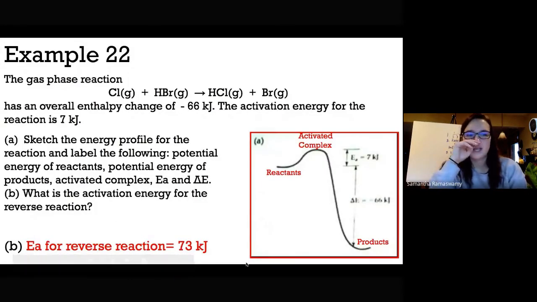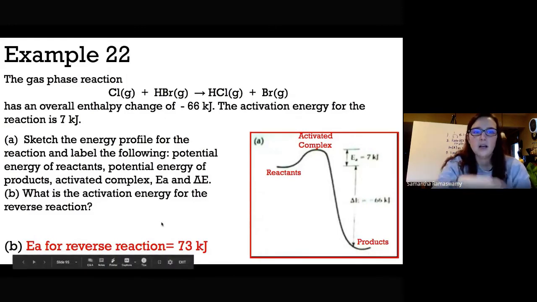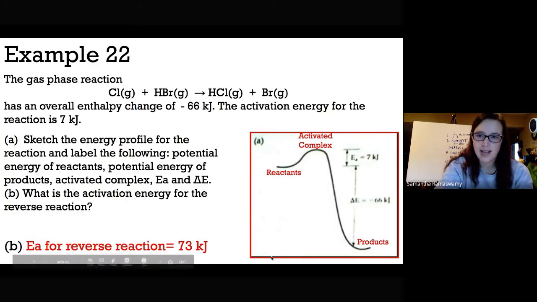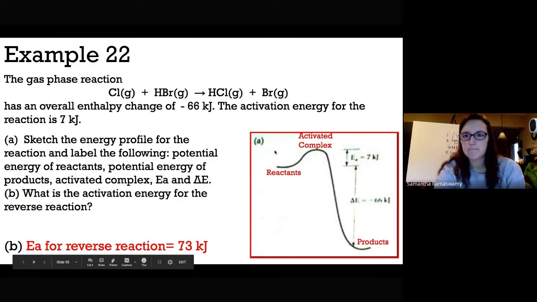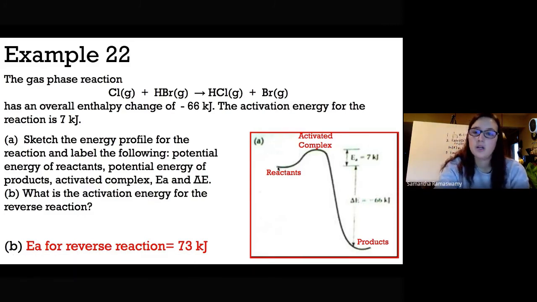Okay, so if we take a look at part A, so just sketching the energy profile. Now, I didn't put the y-axis and the x-axis, so I would have done that. But then it wanted you to label reactants and products, activated complex, right, everything. So because this is -66 kilojoules, this is an exothermic reaction. That means that the reactants are going to lose 66 kilojoules of energy.